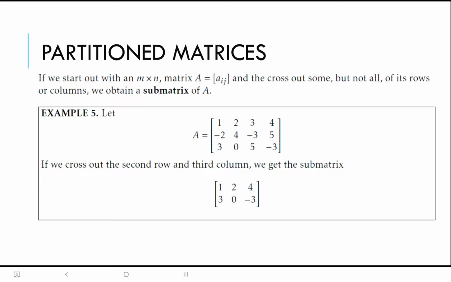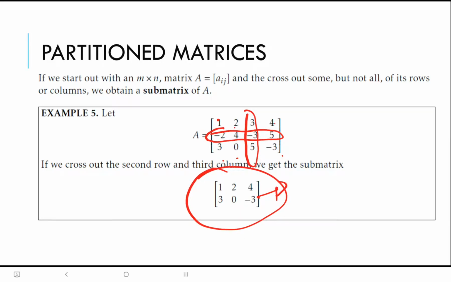Suppose that we have an m by n matrix and we cancel some columns or rows. When we say cancel, we remove them. We obtain a submatrix of A. Here an example: we have A. If we cross out the second row, we will not include it, and then we remove the third column, and then we take the entries which are 1, 2, 4, and then 3, 0, negative 3. This is a submatrix.